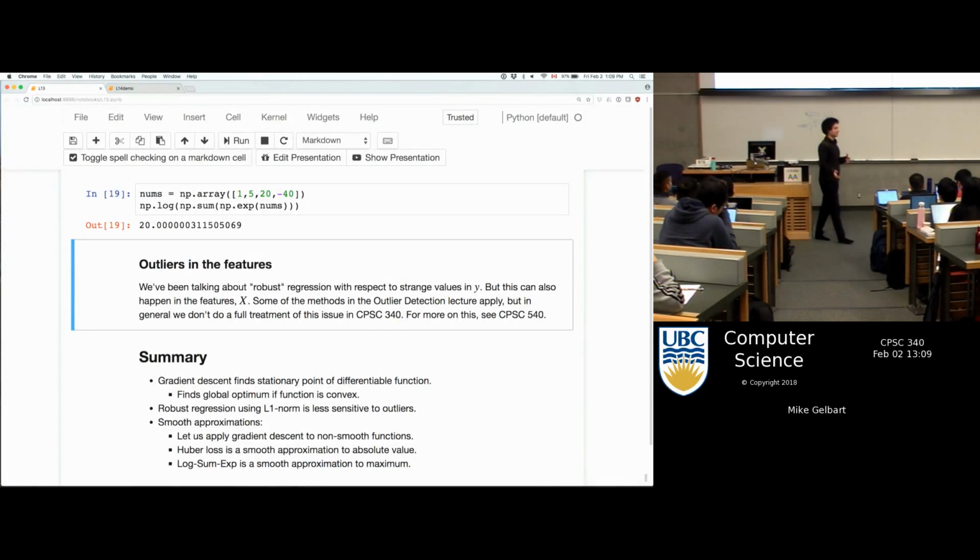The way it's in your assignment is that it's a way of approximating absolute value of x. Here we talked about the Huber function, which just smooths out the middle there. But we could also say absolute value of x is the same as the max of x and minus x. Think about that.